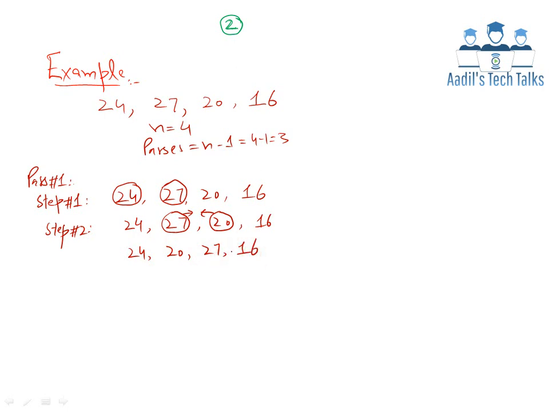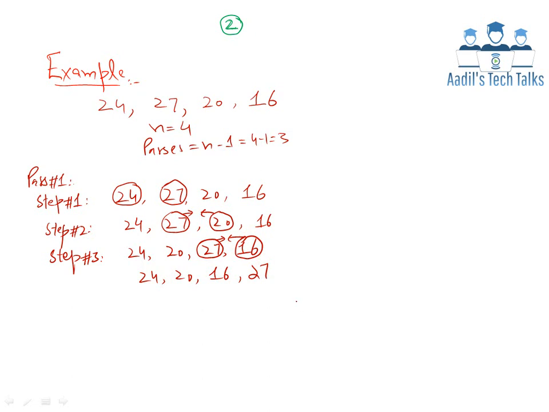Now this is the result of step number 2 and it will become step number 3. Step number 3, so element number 3, which is 27, will be compared with element number 4, which is 16. The result of which is 24, 20, 16 and 27.